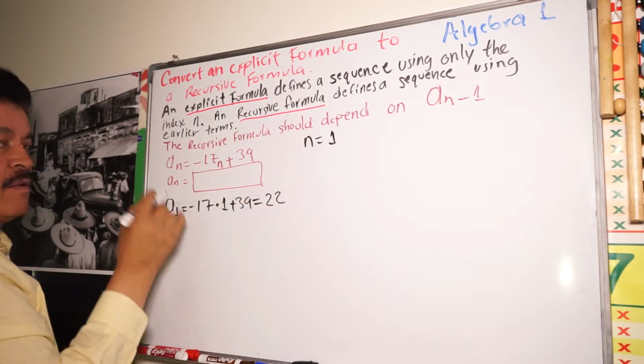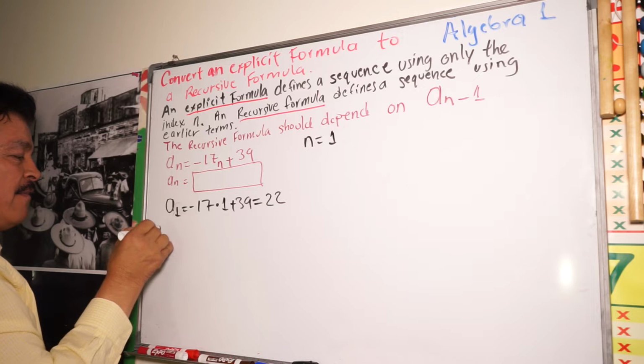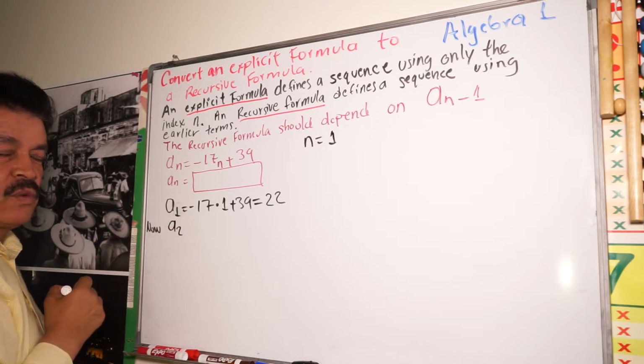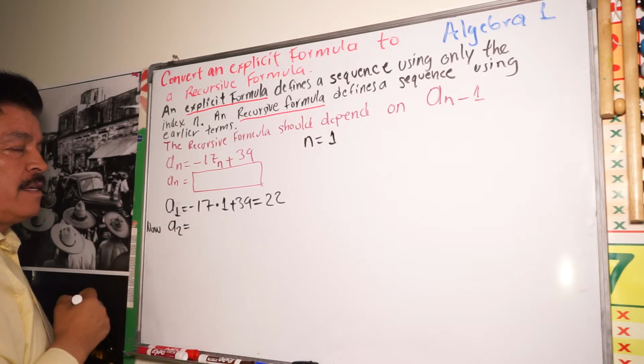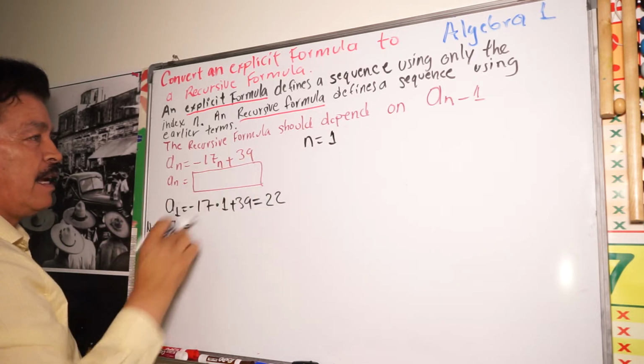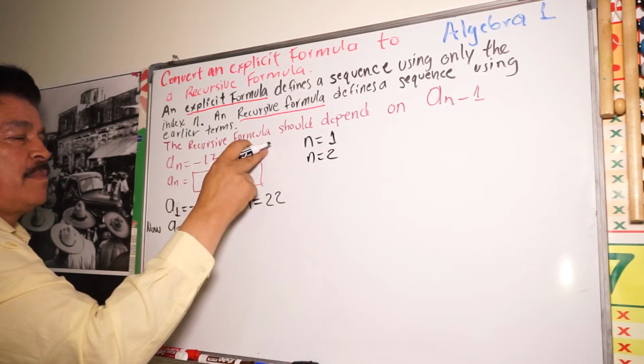Next we have to find a2. Plug n equals 2 into the explicit formula.